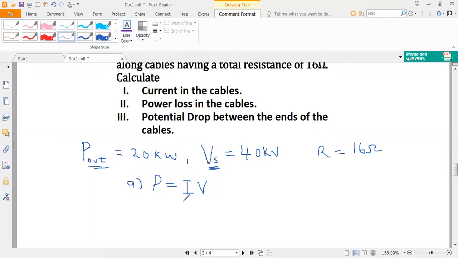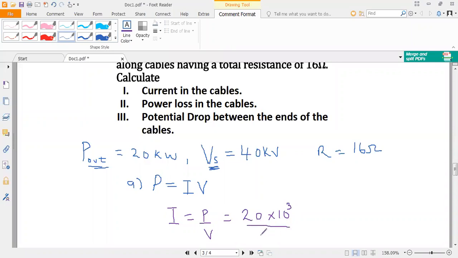If I first make I the subject of the formula, the current I is given by power divided by the potential, I equals P over V. Power is 20 kilowatts, so we multiply the 20 by 10 power 3. It is 20 times 10 power 3 to convert kilowatts to watts.